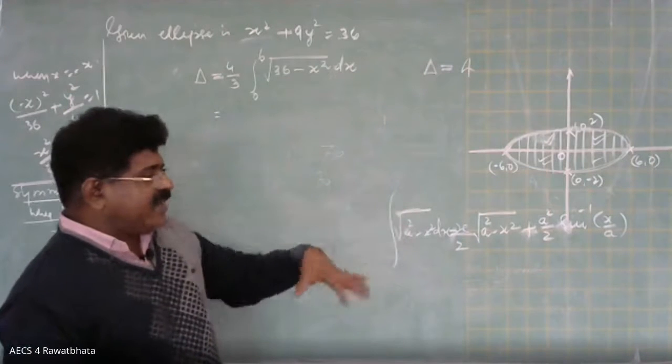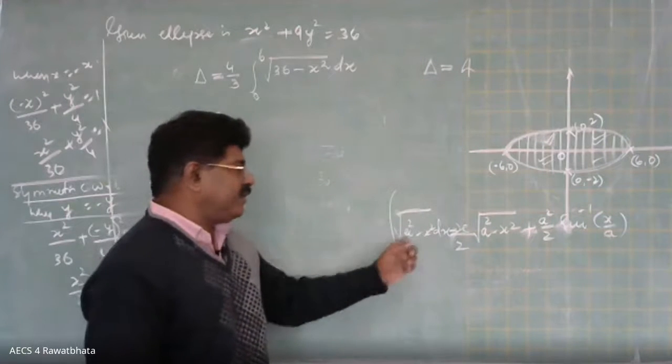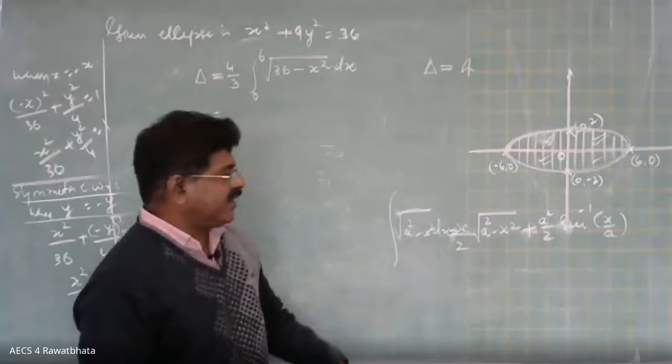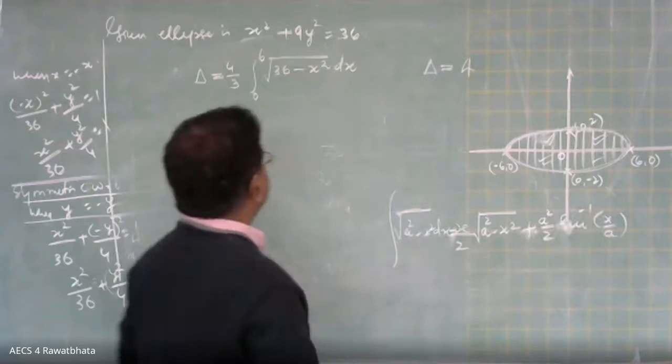The differentiation of sine inverse x is 1 by root of 1 minus x squared, but here the combination is different.